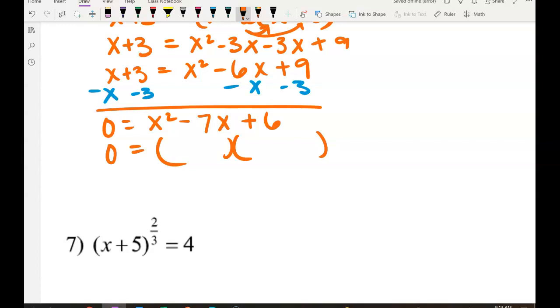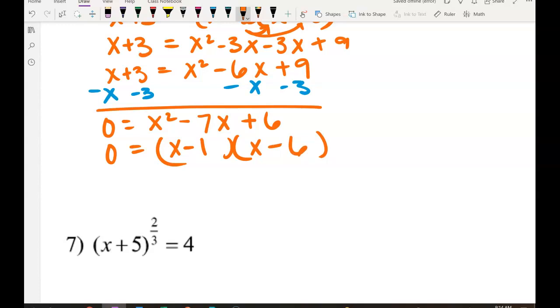Factor it out whenever you're ready. So Susie, whenever you're ready, give me the two factors, okay? Take your time to factor. Compare your factors with your friends. x minus 1, x minus 6, like that.